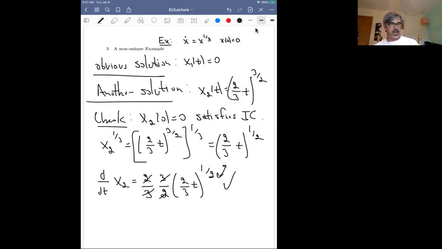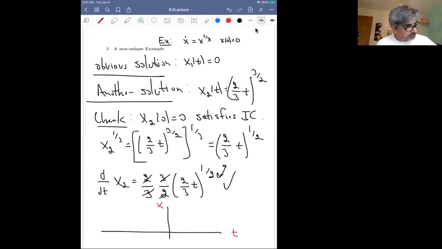I now have two solutions that satisfy the exact same differential equation. I will try to draw a picture as best I can of what is happening here. We have one solution that I'll draw in red. This is going to be x1. Let me label my axes: here's t, and there's x.